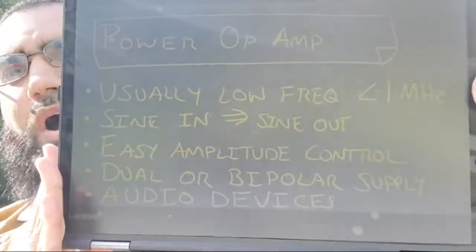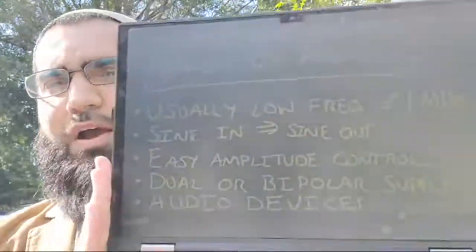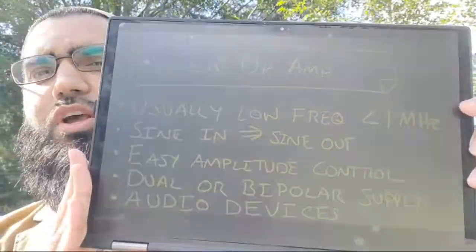Let's take a look at the power op amp and some of the benefits and just some of the attributes of it. So the power op amps are usually lower frequency, less than 1 megahertz typically.